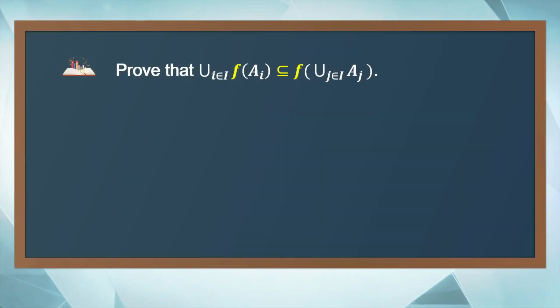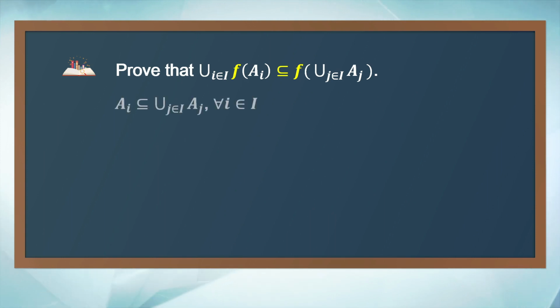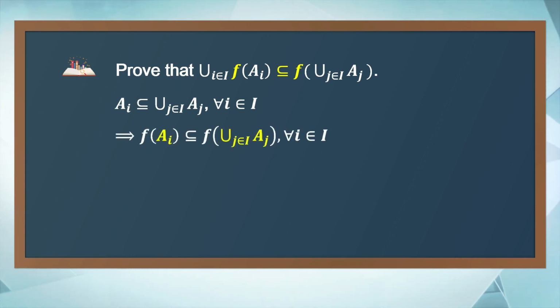Next, we will prove that the union of the images is a subset of the image of the union. And we will prove it in a slightly different way. We will recall the relationship between an upper bound and the least upper bound. It is easy to see that A_i is a subset of the union. By theorem 2, the image of A_i is a subset of the image of the union for all i.